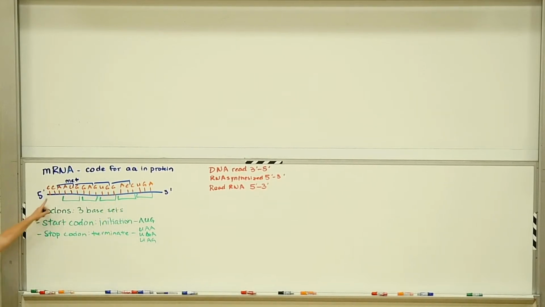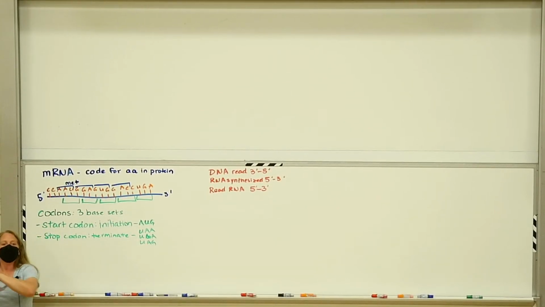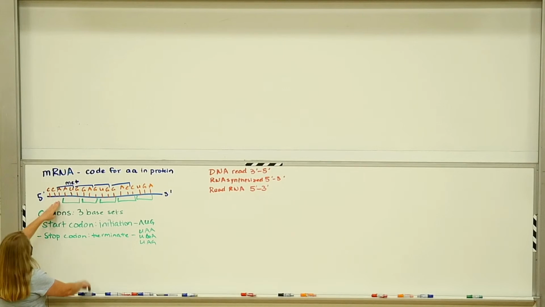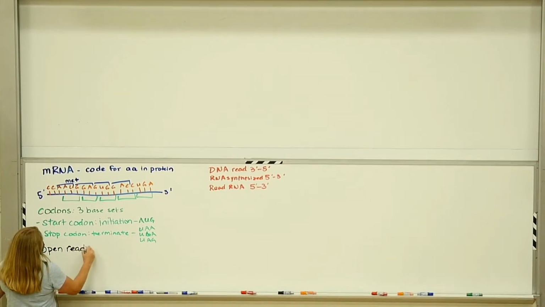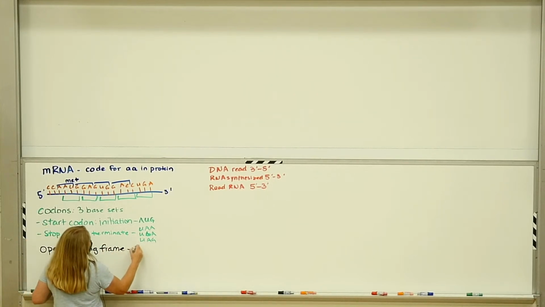That's going to be completely different amino acids that get pulled in. So that would make a totally different protein, which wouldn't function the way it's supposed to. So this idea that we have to have this start codon, and that's where we need to start our translation, this is the open reading frame. And it's set by that start codon.